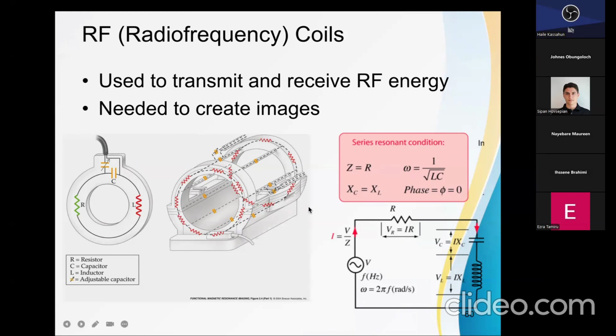So the capacitor is what you have to play around with. So with your inductance and capacitance, you can set the resonant frequency at which your system should be able to oscillate.